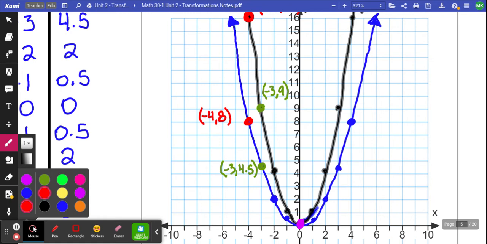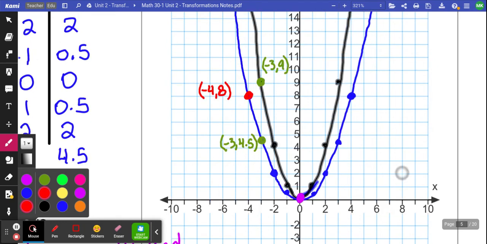So it was stuck here because it was already on the x-axis. 0 times anything is going to be stuck there. It won't move. It's weird, right? Stretches are significantly harder than translations.